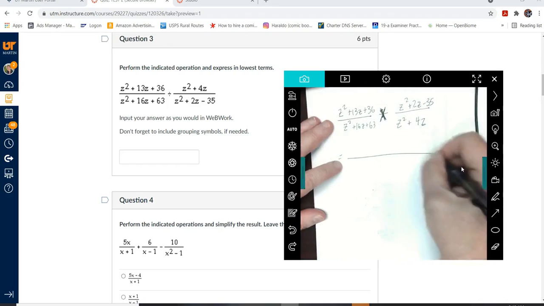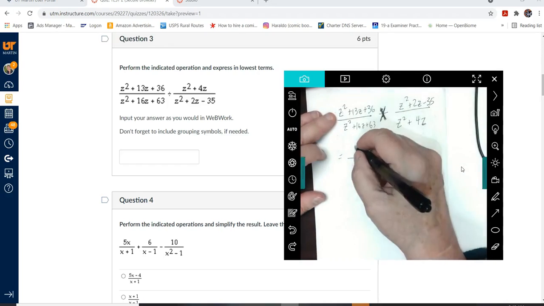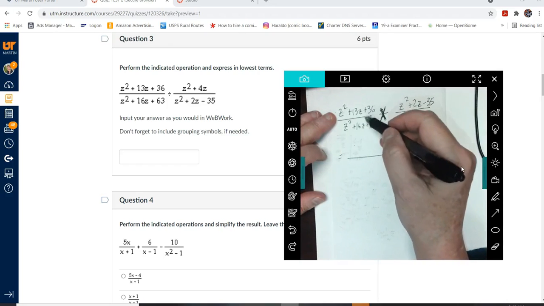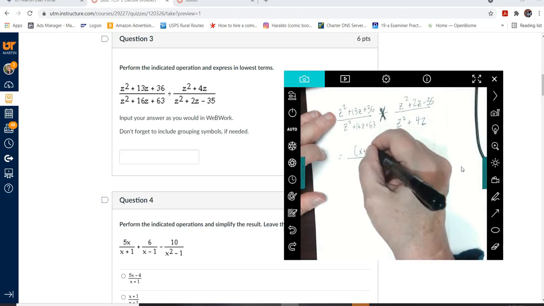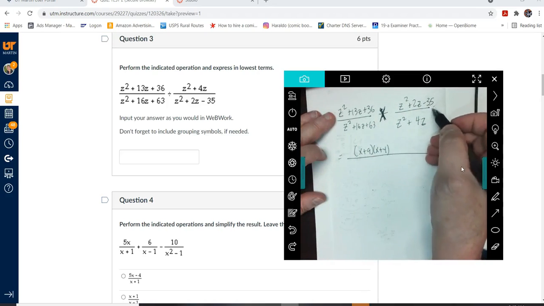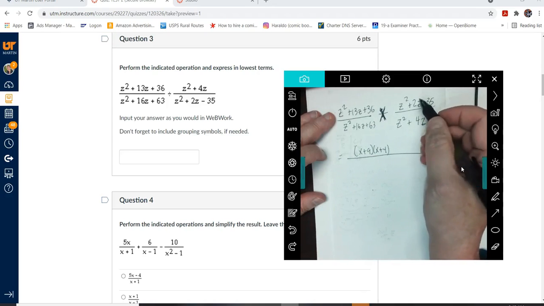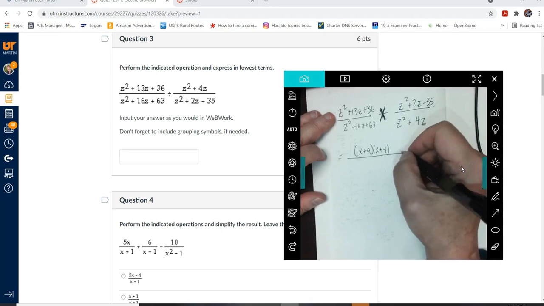Okay, now I can put this all into one fraction. I'm going to factor this. Two numbers that multiply together to give me 36, but add up together to give me 13. That'd be 9 and 4. Two numbers that multiply together to give me negative 35, but add up together to give me positive 2. That'd be positive 7 and negative 5.